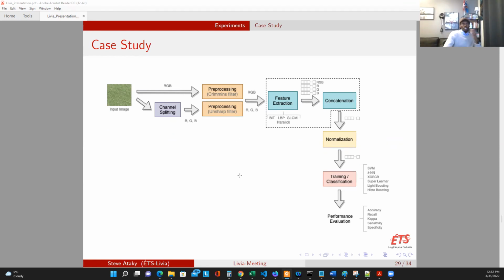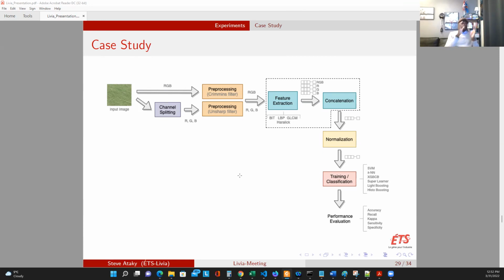When we have an image, we split it into different channels because we also want to explore the color information. After splitting, the image may undergo pre-processing, and after that we extract features. Since we are comparing GLCM, Haralick, and LBP, we use the same process.